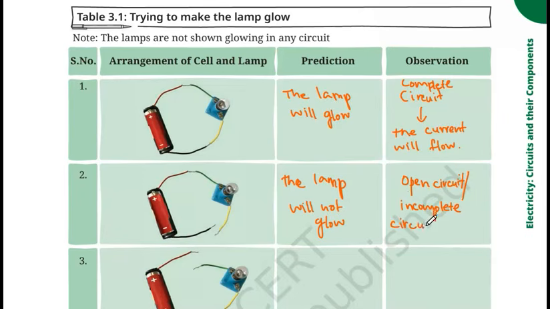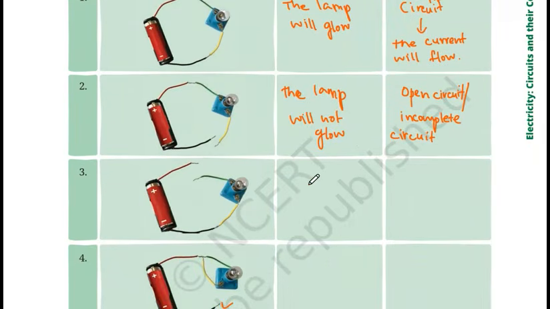So in this case, current will not flow. Same way, in the third one, the circuit is not complete. So here also the lamp will not glow. Why? Because no current will flow. Why will no current flow? Because it is an open circuit or an incomplete circuit.